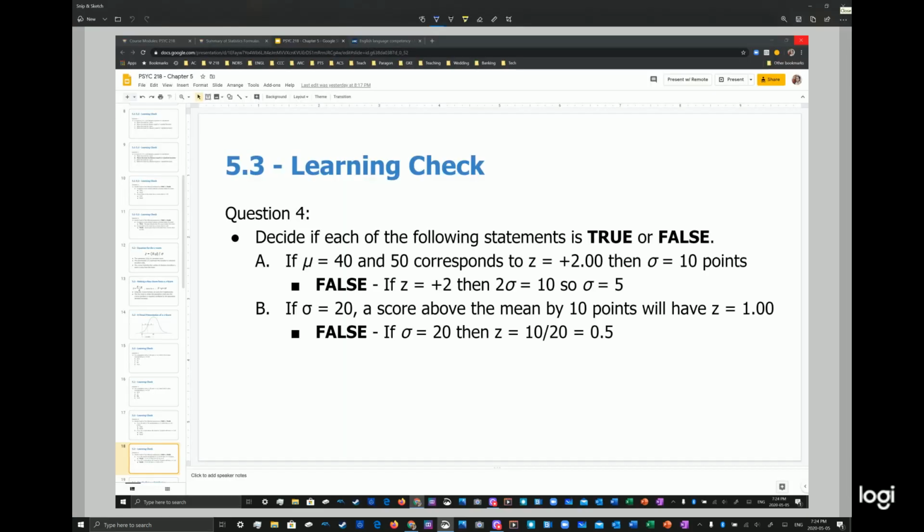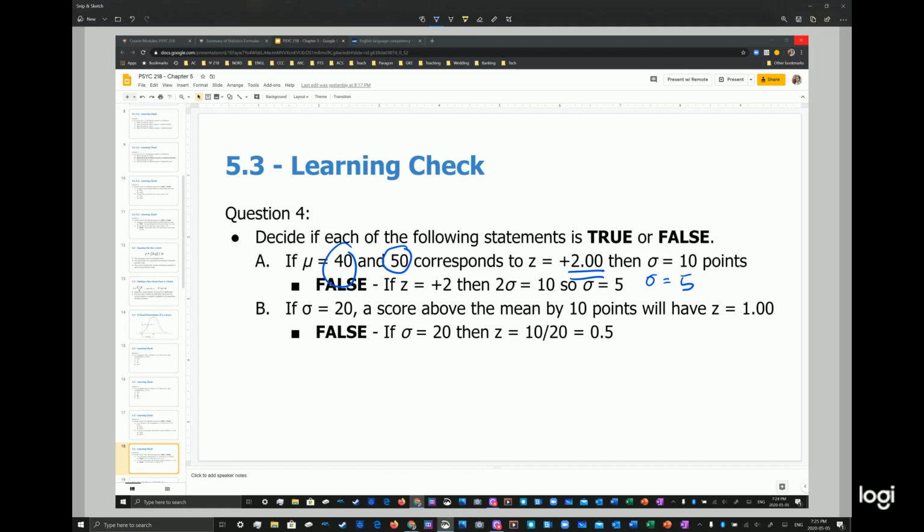So here in this case then, 50 would be 2 standard deviations away from the mean, and the distance between 50 and 40 is 10. So a difference of 10 here means 2 standard deviations. So if that's the case, then sigma isn't 10. Sigma would be 5, where 2 standard deviations would be a difference of 10 points, not 20, if sigma was indeed 10.